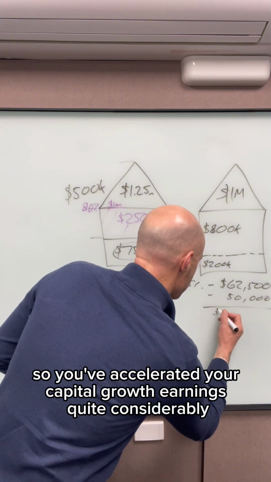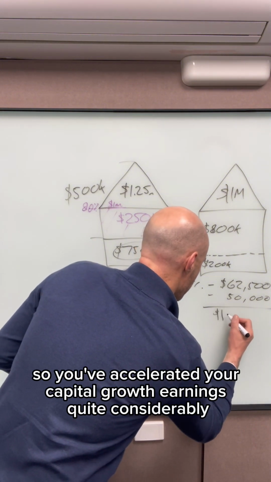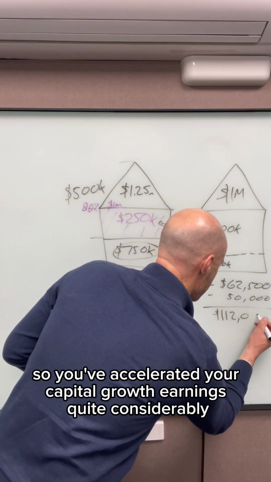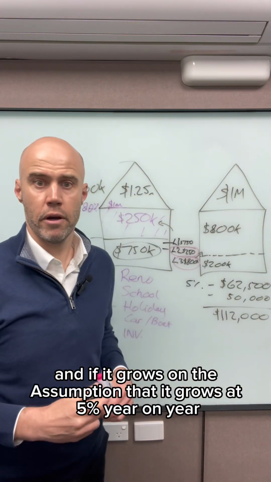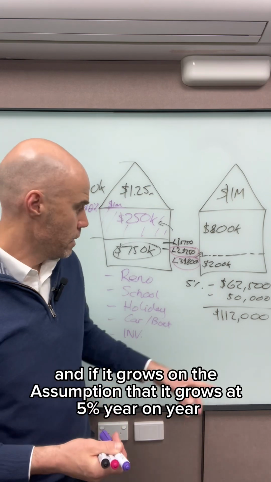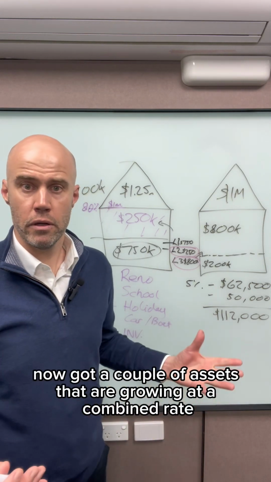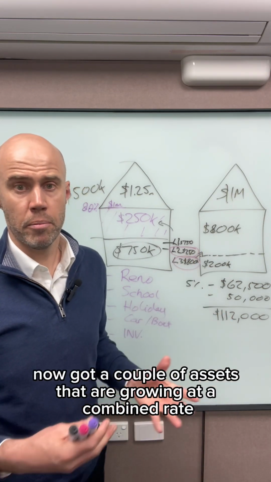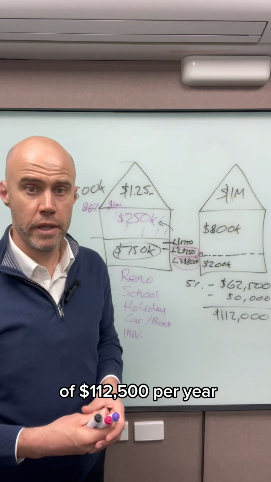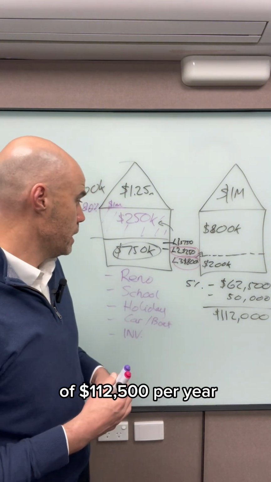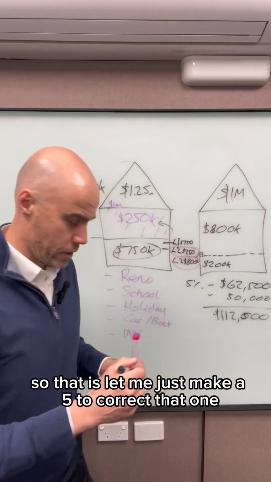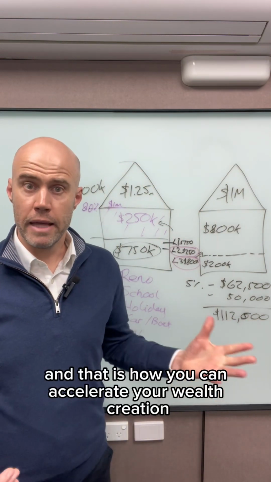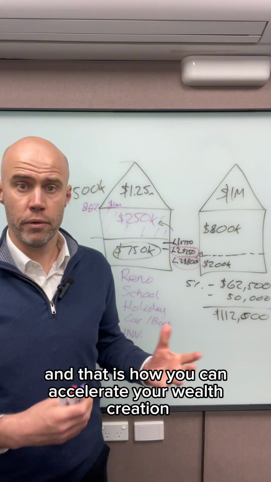So you've accelerated your capital growth earnings quite considerably. And if it grows, on the assumption that it grows at 5% year on year, you have now got a couple of assets that are growing at a combined rate of $112,500 per year. And that is how you can accelerate your wealth creation.